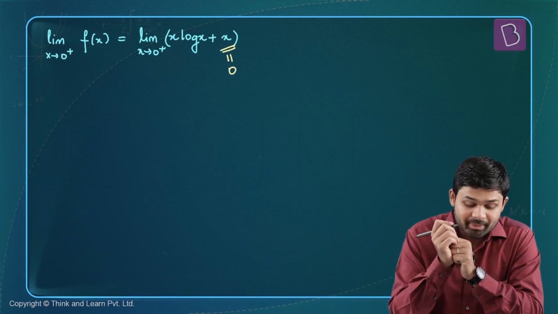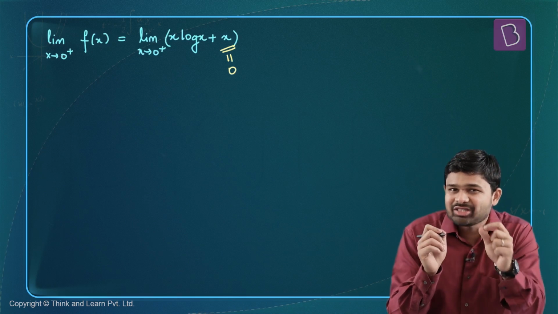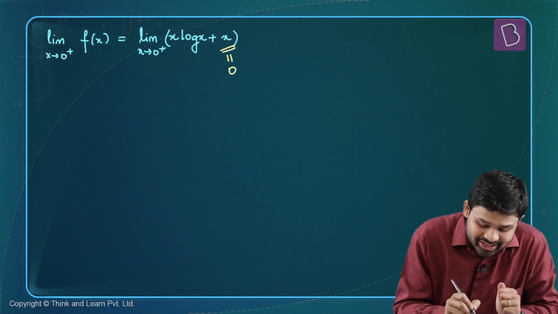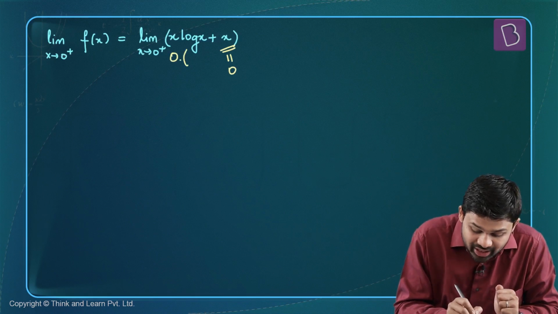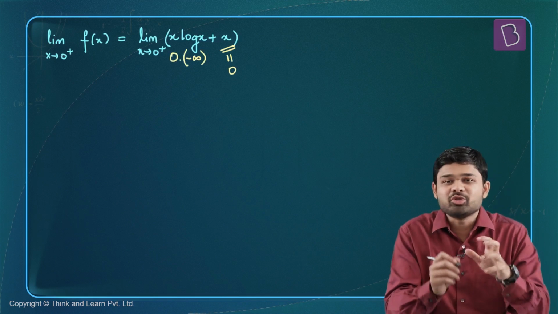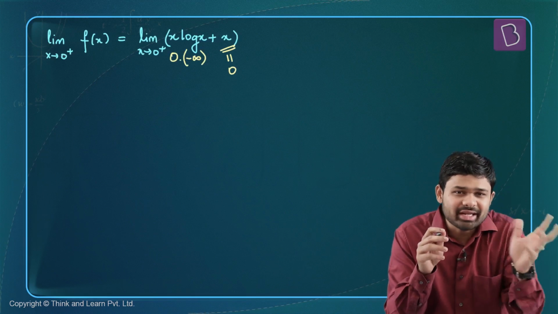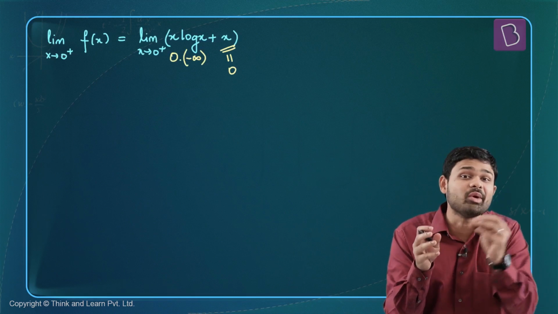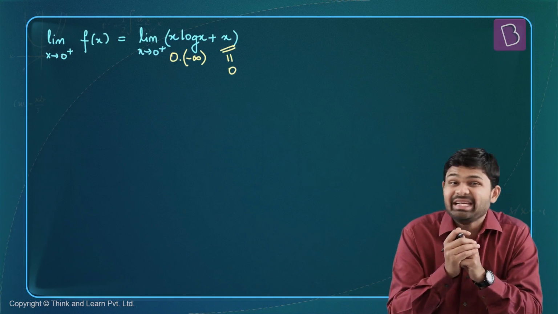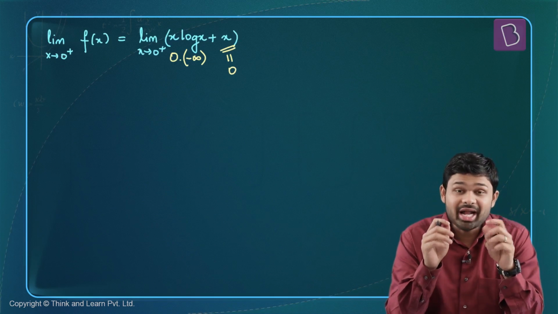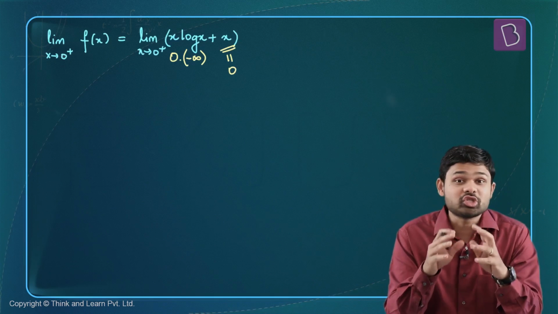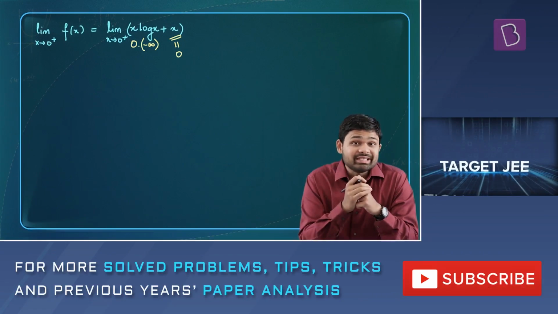That's interesting because when x is almost 0, this x log x is going to be 0 times negative infinity. Now 0 times negative infinity, we can forget the negative for now. It's of the form 0 into infinity, and that's an indeterminate form. Now we need to use some way of evaluating this indeterminate form.